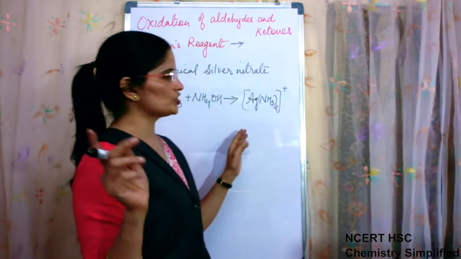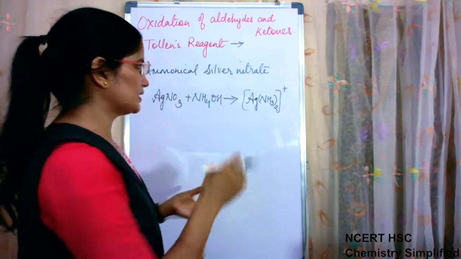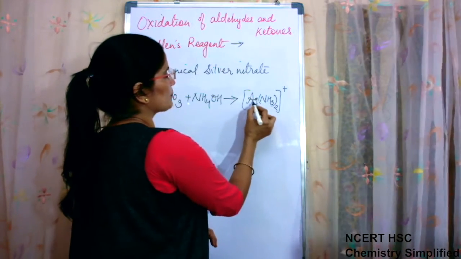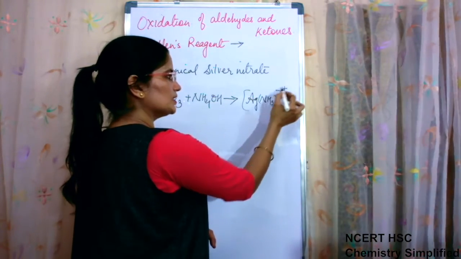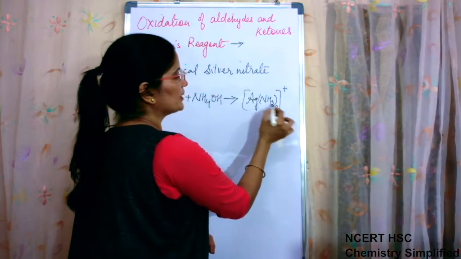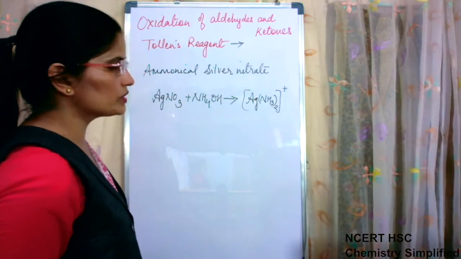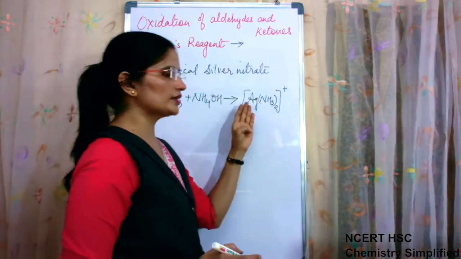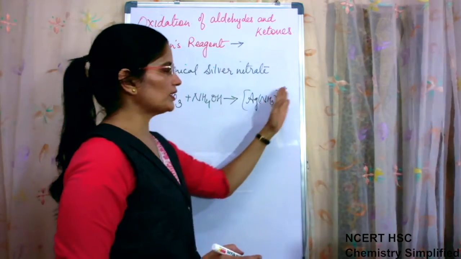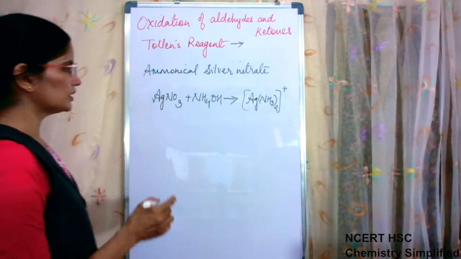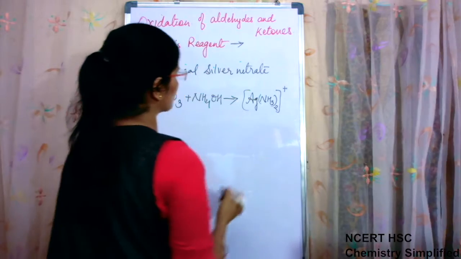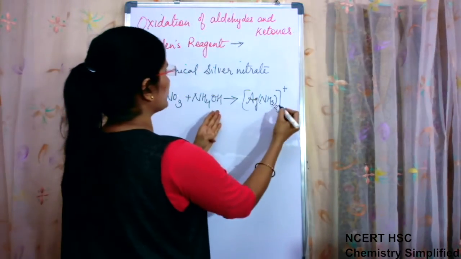That we will study in detail in the coordination chemistry chapter. But this Ag has its charge here, along with that it is coordinated with these 2 ammonia molecules because the coordination number of silver is 2. Coordination number and charge are different. So this is the complex which is formed and the medium is ammoniacal.